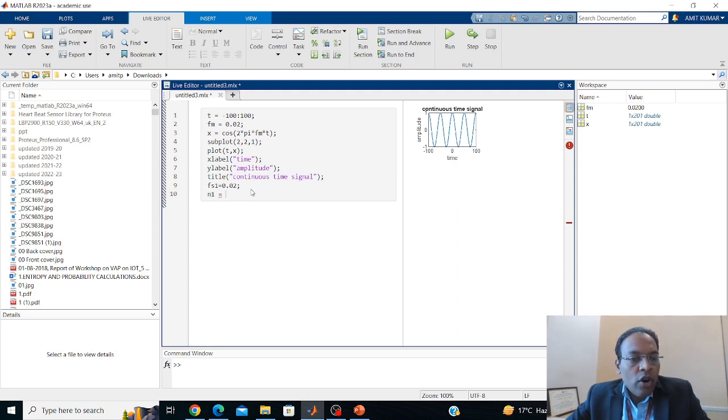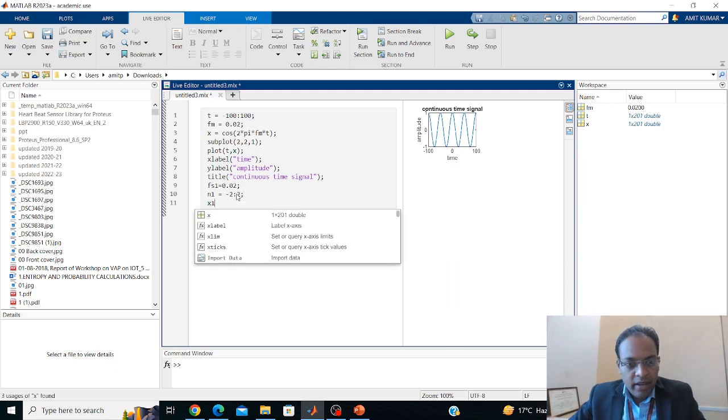So n1 and fs1 we will define. fs1 we have taken as 0.02, and n1 we will take from -2 to 2.